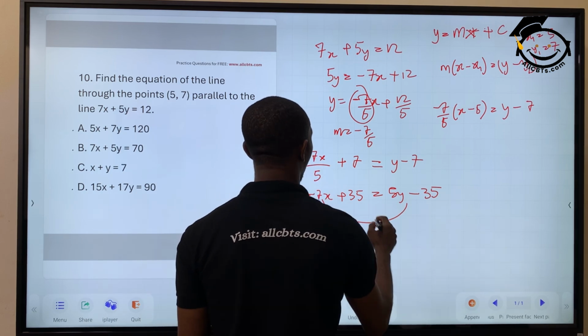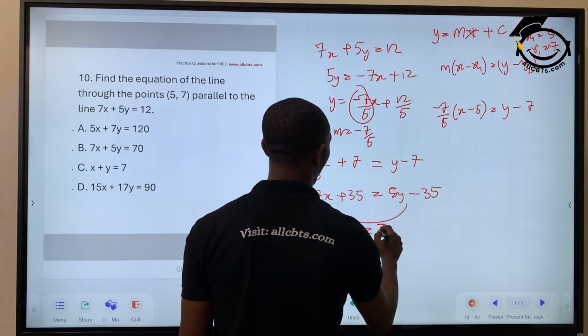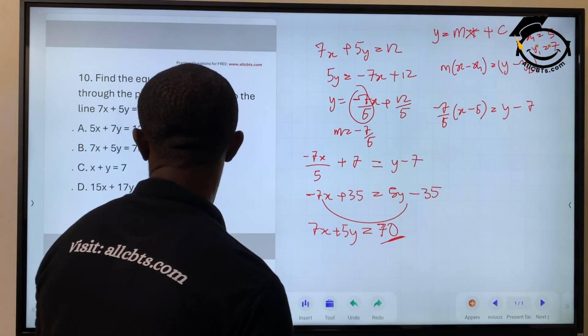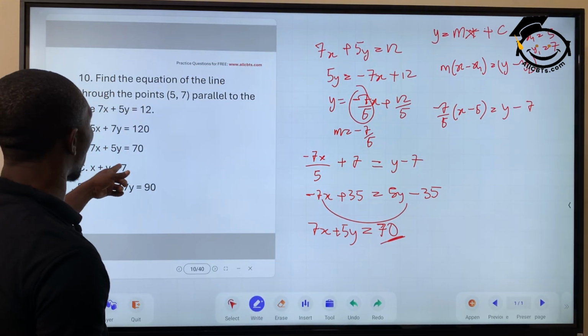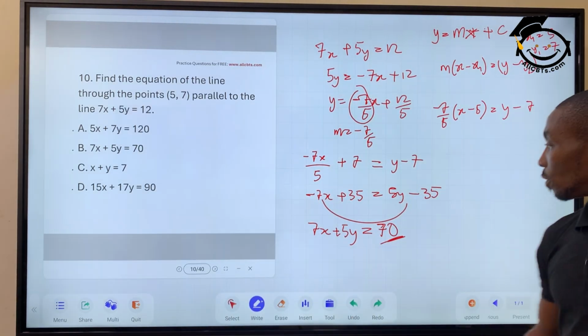Negative crossing over, equals 35 plus 35 gives us 70. So our equation will be 7x plus 5y equals 70. That will be our equation.